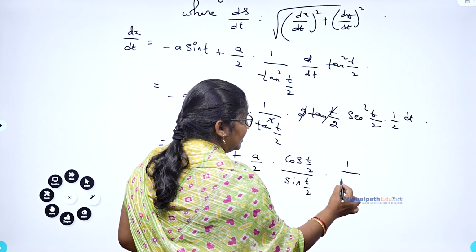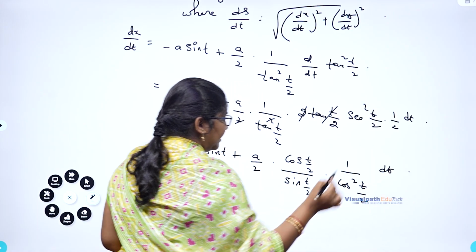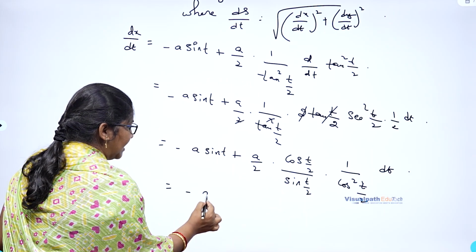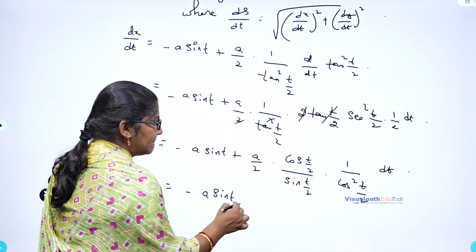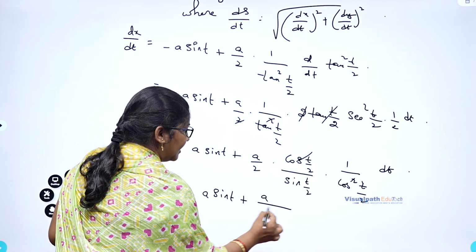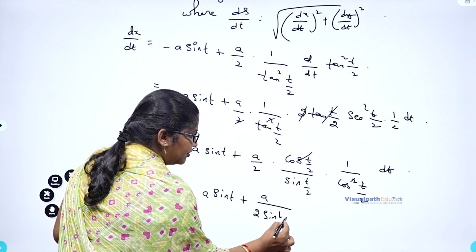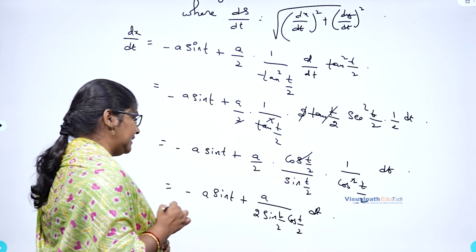This is 1 by cos²(t/2) into dt, minus a sin t, minus a sin t. One cos will get cancelled. A by 2 sin(t/2) cos(t/2) into dt.